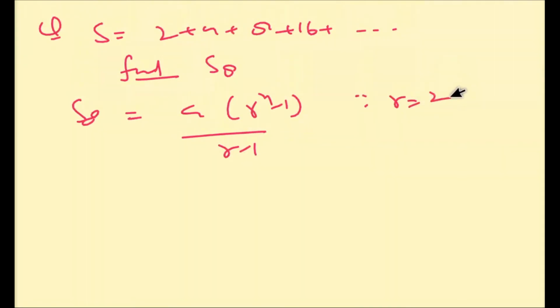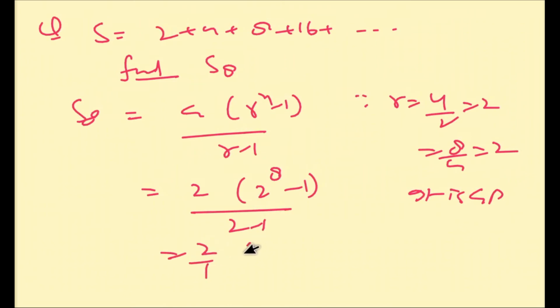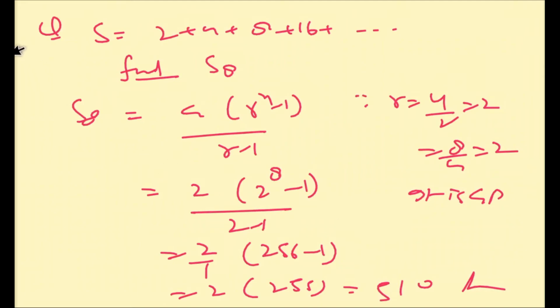Here r equal to 4 upon 2 equal to 2, equal to 8 upon 4 equal to 2, so it is a GP. We use a is 2, r is 2, and we have to find 8 terms: 2(2^8 minus 1) upon (2 minus 1), which is 2 upon 1 times (256 minus 1), 2 into 255, so it is 510. Okay student.